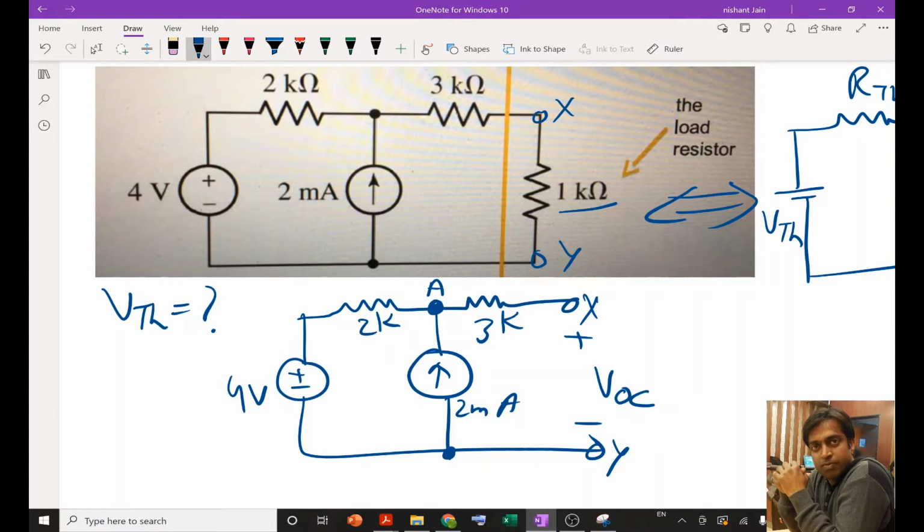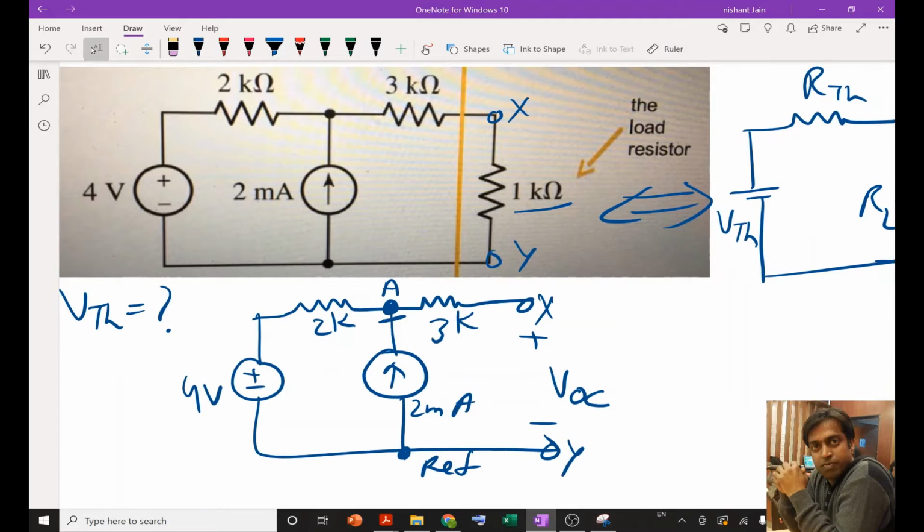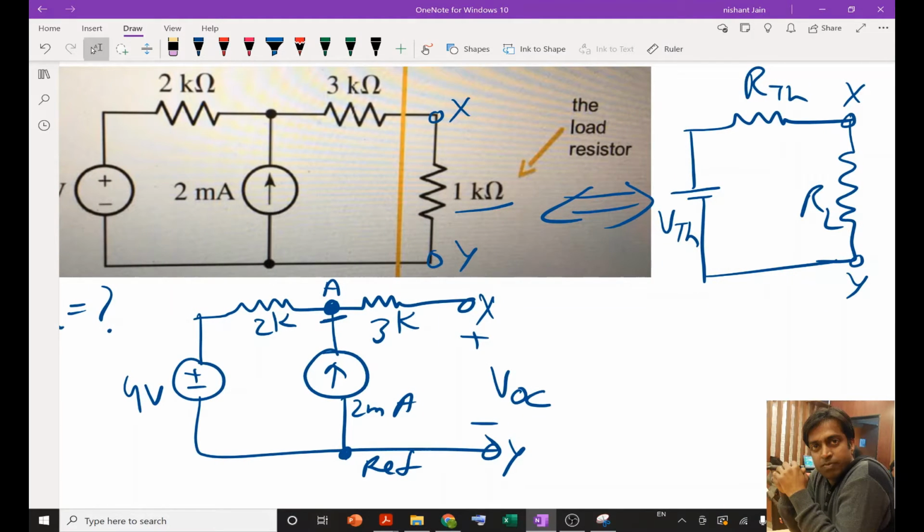reference node. Now I apply nodal analysis, KCL at node A. Let me assume the current directions. Since the 3K resistor is open, there will not be any current flow through this 3K.